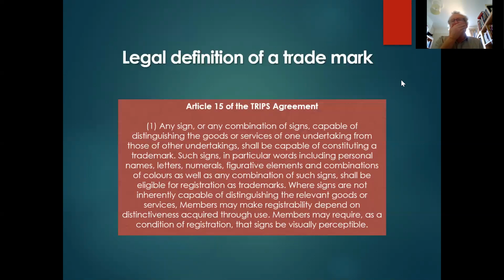Okay, trademarks. Well, here's a definition of trademarks. Basically, you may well know this anyway, but trademarks are signs that are capable of distinguishing goods or services of one business from those of another. Signs can consist of words or phrases, images, visual images, including abstract ones.